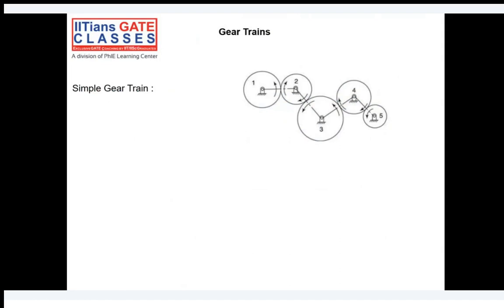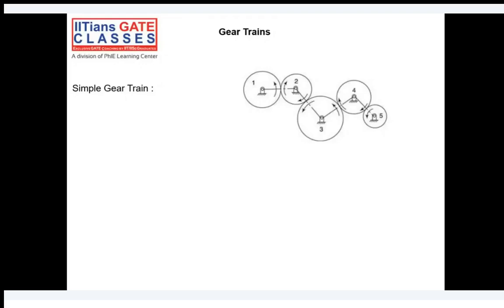So whenever you want to reduce speed from one shaft to the other shaft in a very small space, you need a gear train. And you have to arrange them in such a way that you will achieve whatever speed you want.